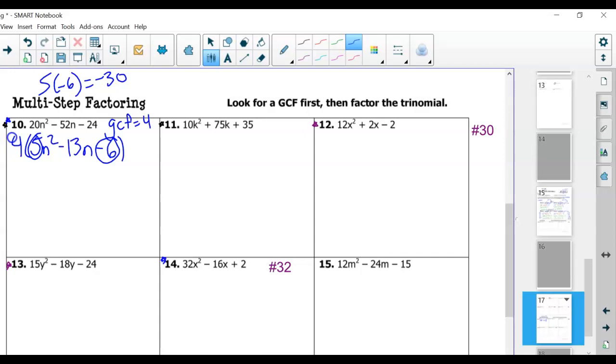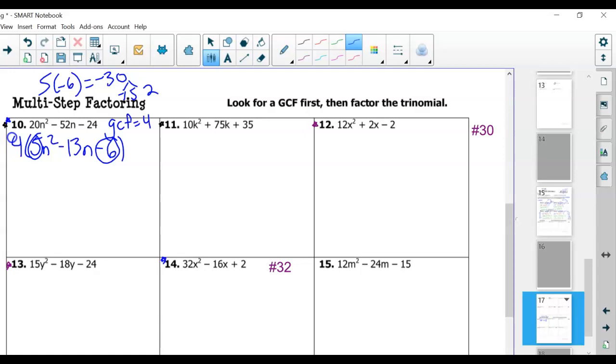If I subtract 10 and 3, so they're both negative, I get negative 13. But if I multiply two negatives, I end up with a positive, and my answer needs to be negative. So 10 and 3 would not work, but 15 and 2 would if I make 15 negative. Negative 15 plus 2 is negative 13, and negative 15 times 2 is negative 30, so that works.